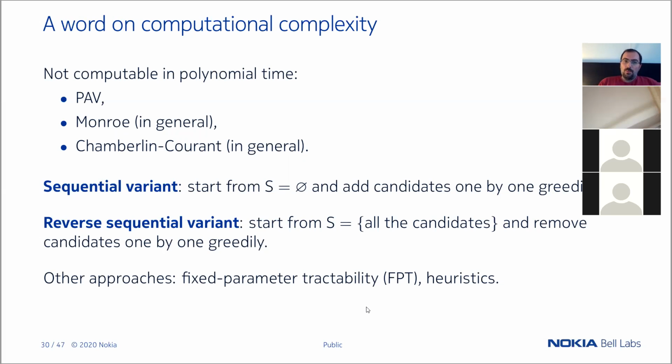To circumvent the problem, all these rules have a sequential variant, and the idea is simply to start from a set of winning candidates equal to the empty set, and to add the winning candidates one by one greedily, according to which candidate improves the score by the maximal amount. So it's the classical algorithm that you use as an approximation for the... I missed the word.